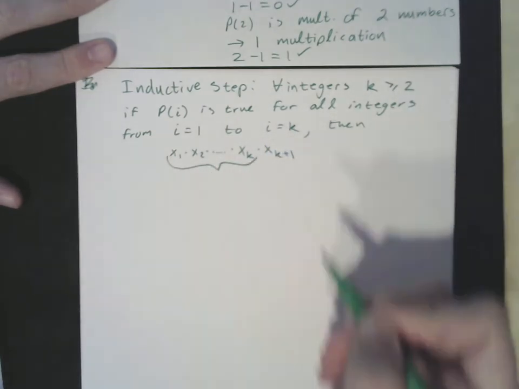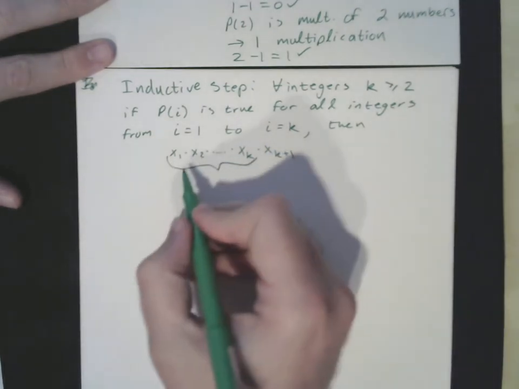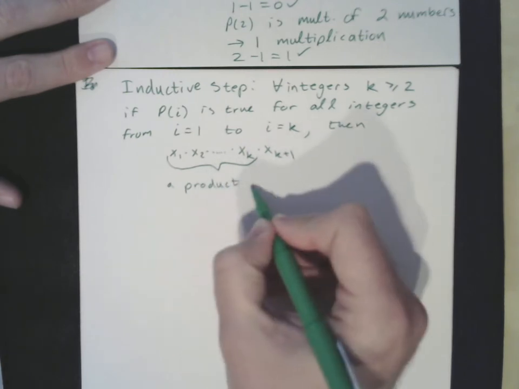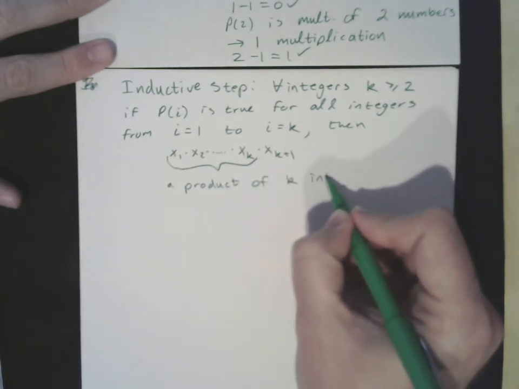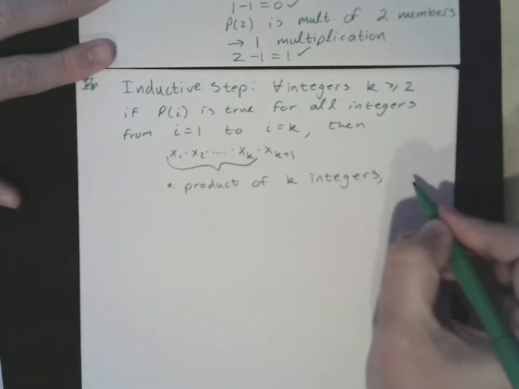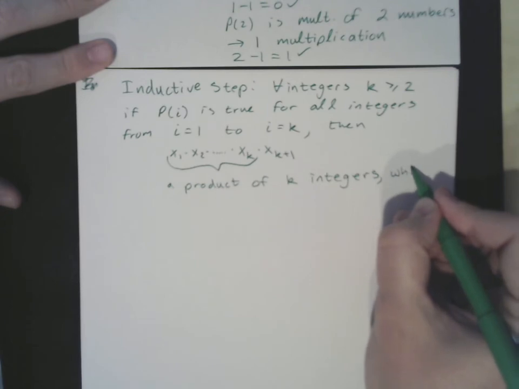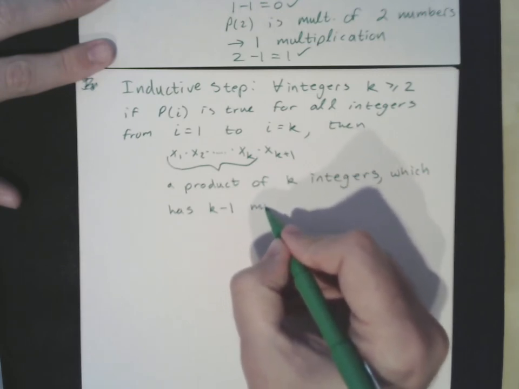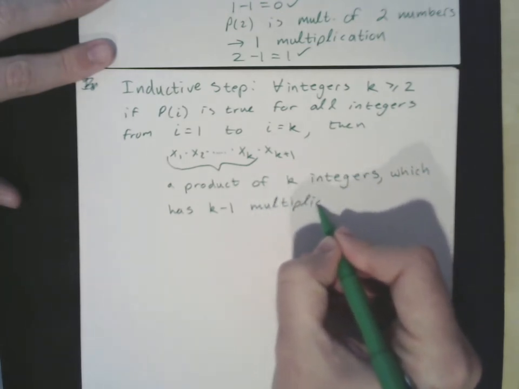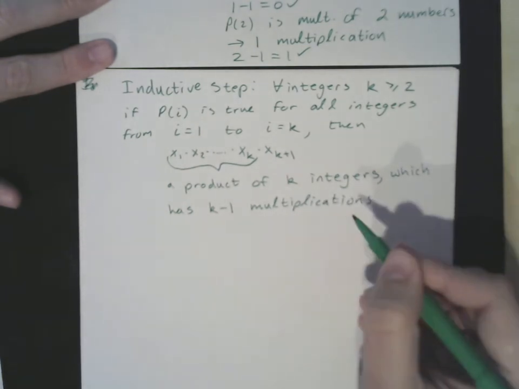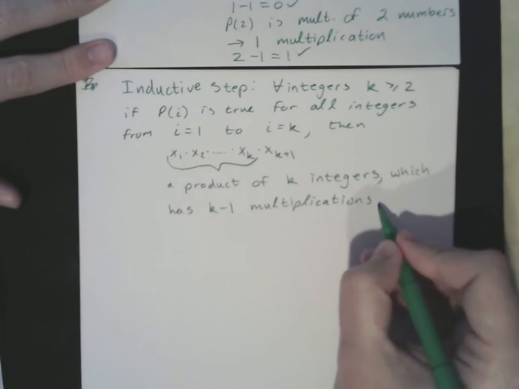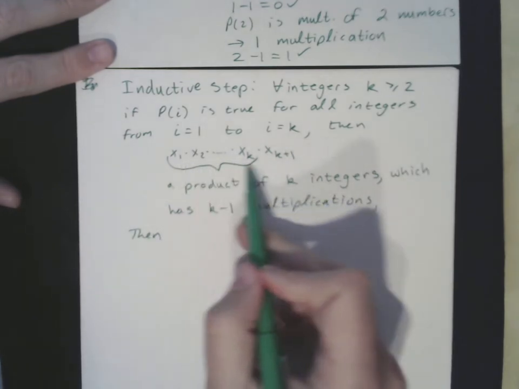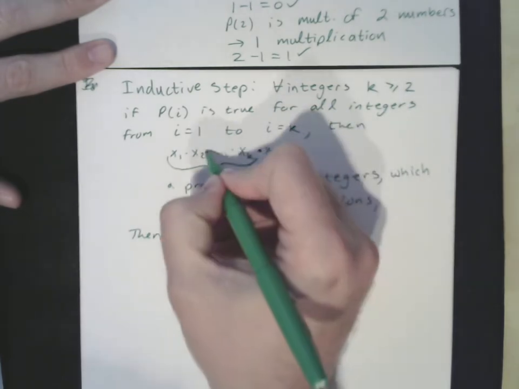since this is our product of k integers, this has a product of k integers which has k minus 1 multiplications, then if this has k minus 1, there's one more sitting right here.